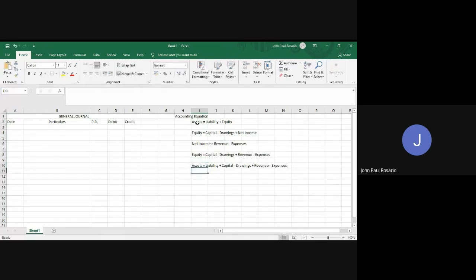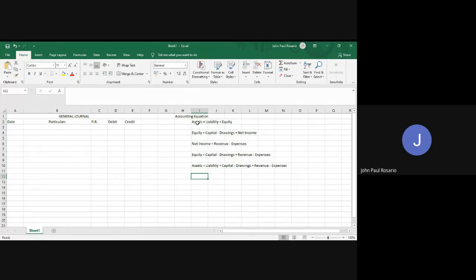Now, in order for us to know the normal balances. When we say normal balances, we mean where you place it when it increases, whether on the debit or on the credit. So normal balance is where you place its increase. Okay?